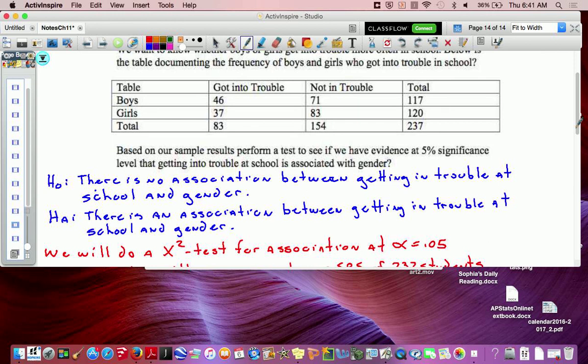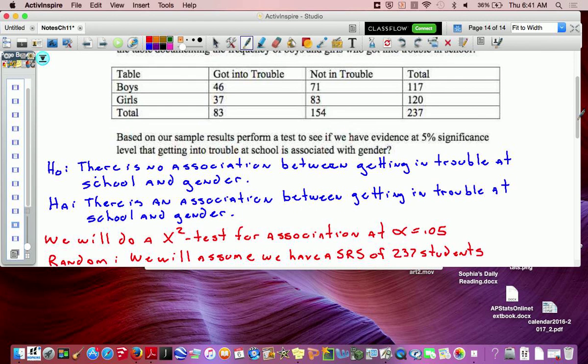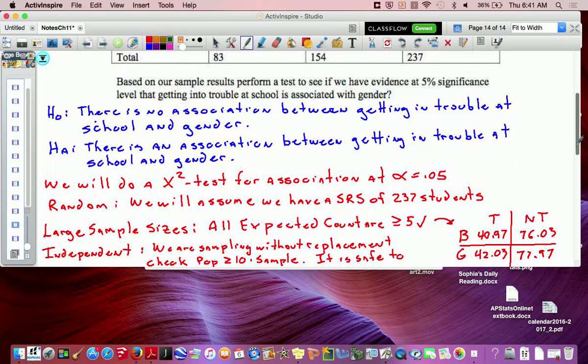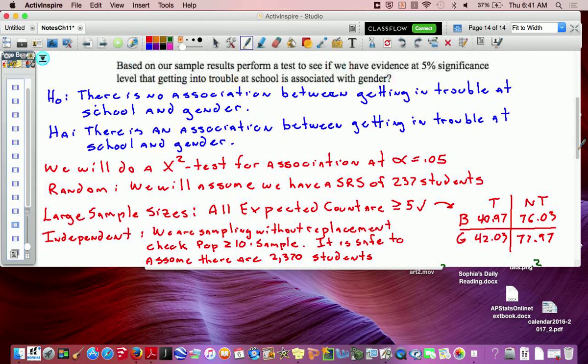Chi-squared test for association, again at 5% since it told me a 5% significance level. We do have a simple random sample of 237 students. I need to do my expected counts, so if you trust my table calculations here, I did row total times column total divided by table total.